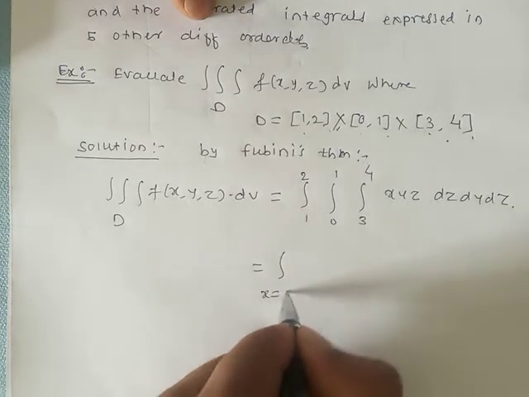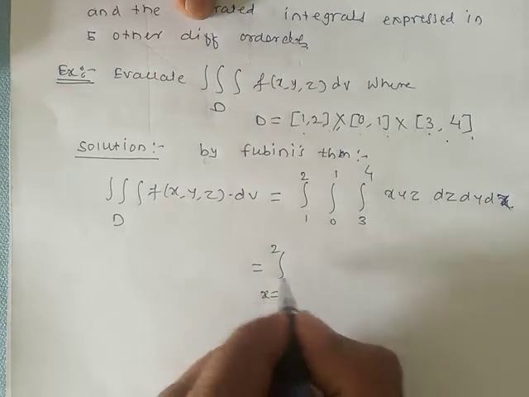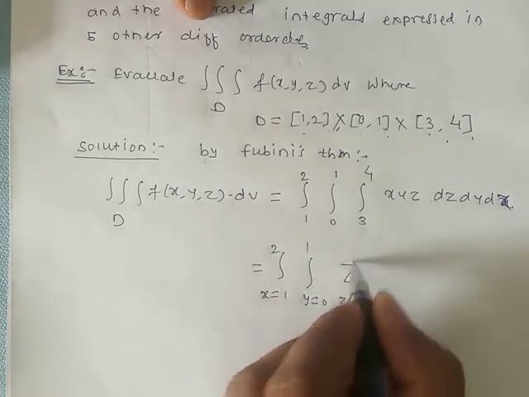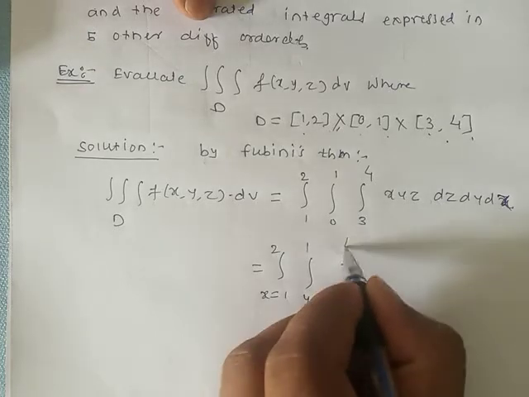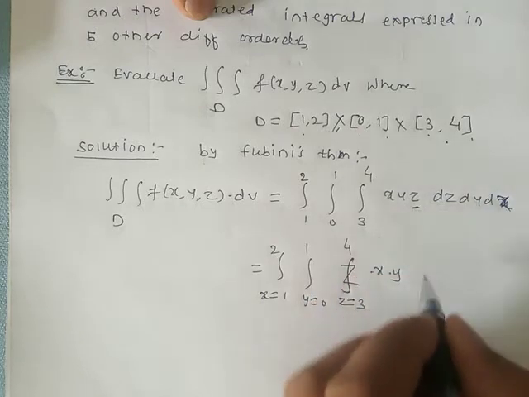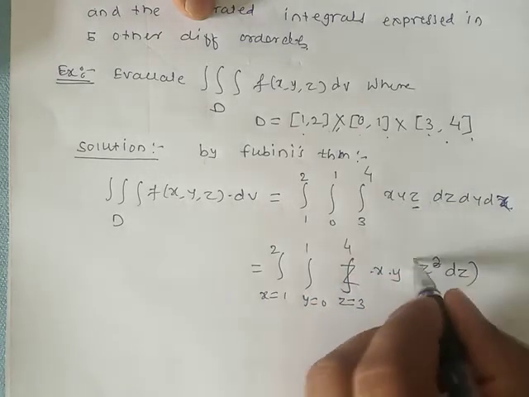which is equal to the integration with x equal to 1 to 2, y equal to 0 to 1, and z equal to 3 to 4. Now we first find the integration with respect to z, and its integration is z square by 2.